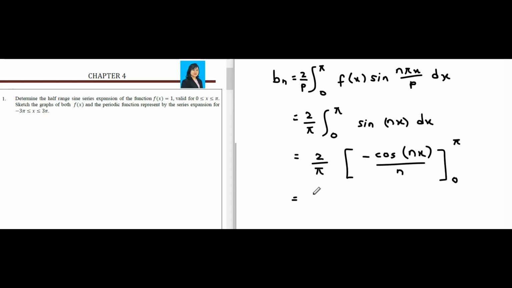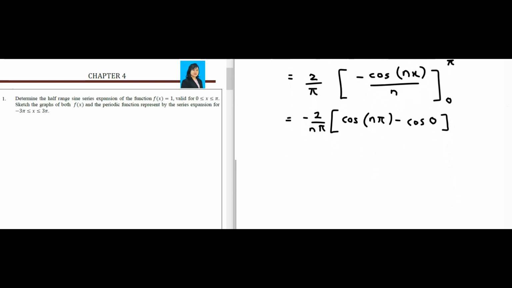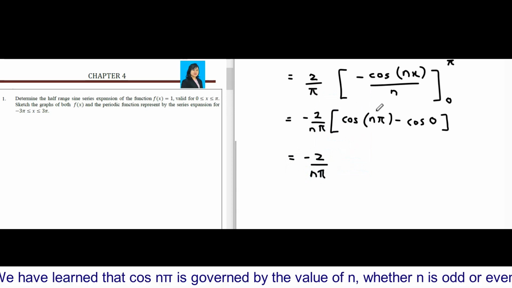We'll summarize from here. We have learned that cos n pi is governed by the value of n, whether n is odd or even.